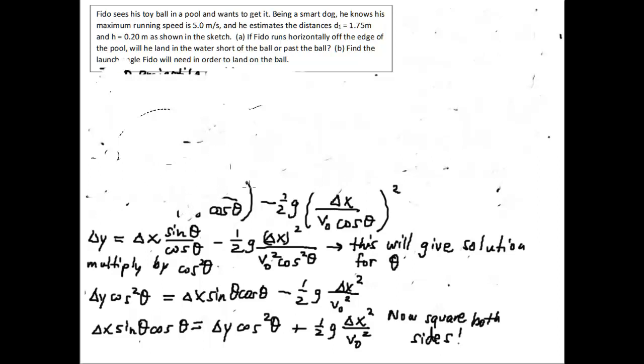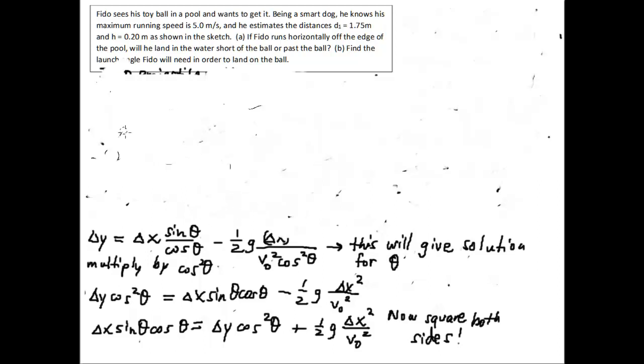So, squaring both sides, on the left-hand side that's easy because there's only a single term. On the right-hand side, I'm going to have to do the FOIL method for squaring an algebraic expression. So, squaring both sides.